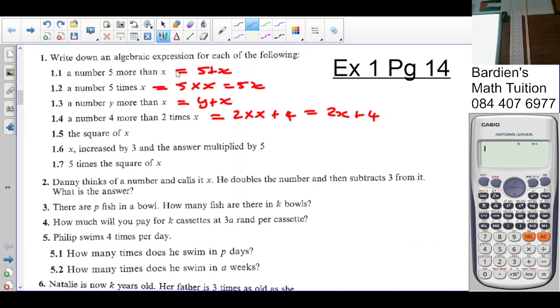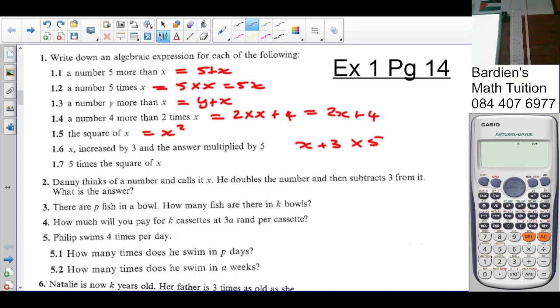The square of x? X squared. X increased by 3. X plus 3. The answer multiplied by 5. You all agree with that? Who got that right? What did you write?